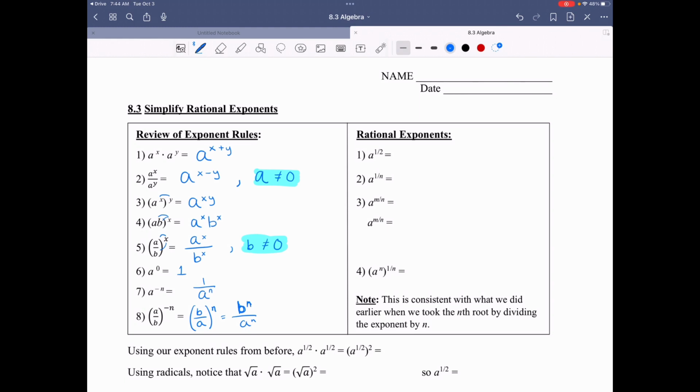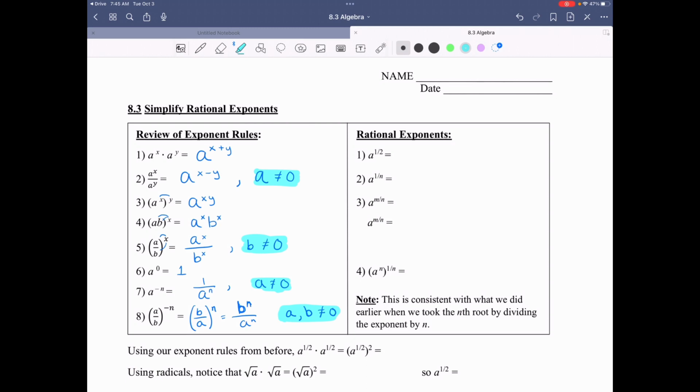And in 7, we end up dividing by a, so that cannot equal 0. And in example 8, in both versions, we're dividing by a or b, so neither can equal 0. A nor b can equal 0 in the last example.